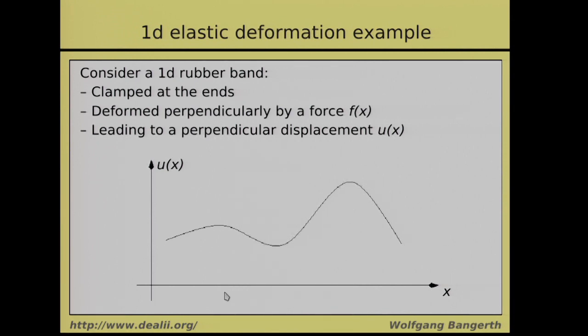So let's say you put a fan down here that blows hot air up, and maybe a fan up here that blows air down, and another fan that blows up here. So the question is, how does this rubber band deform perpendicular to the original direction from here to here in response to this external force?